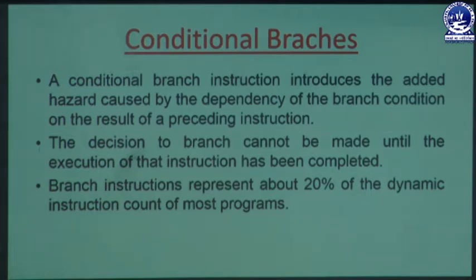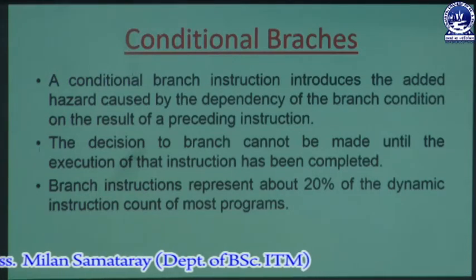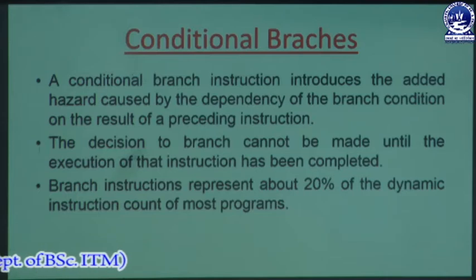If the branch condition depends on the result of a preceding instruction, then the hazard will occur, and the decision to branch cannot be made until the execution of that instruction has been completed.